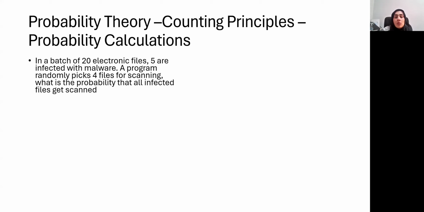And then among those, we find the number of arrangements that correspond to the event of interest. And by dividing this count of arrangements fulfilling the said criteria by the total number of outcomes, we find the probability of the given event.